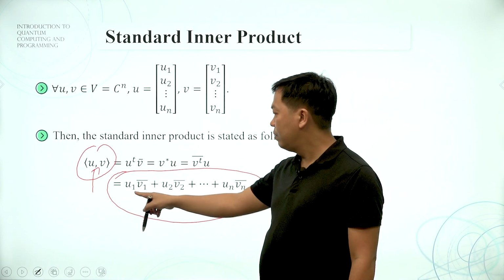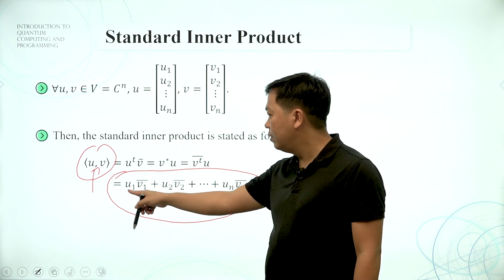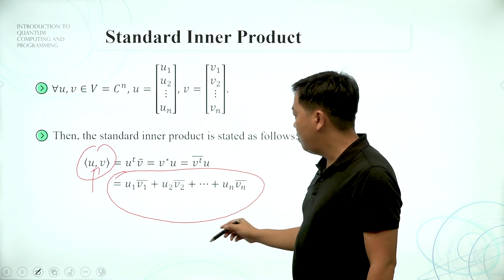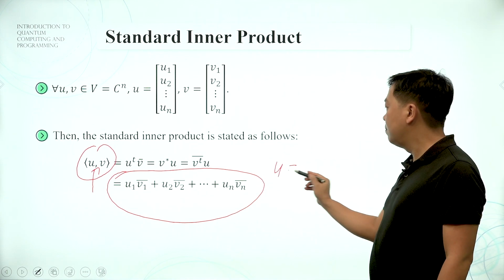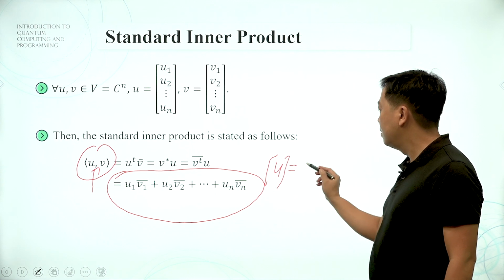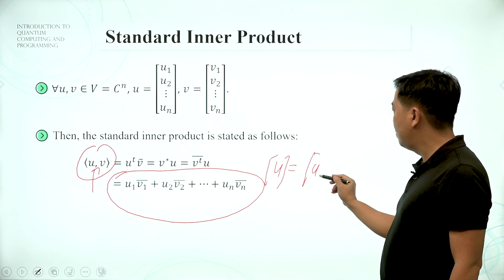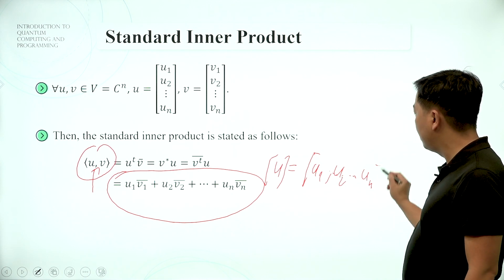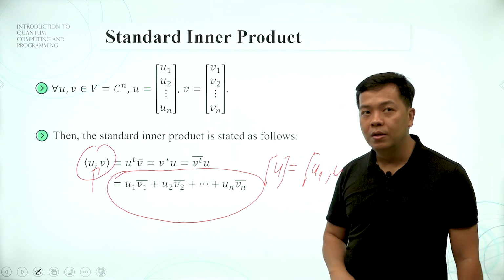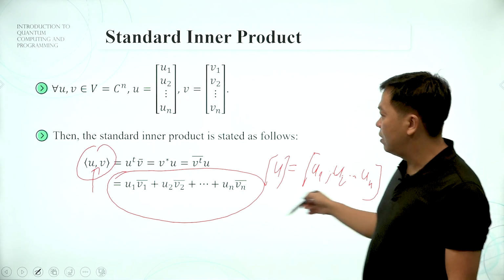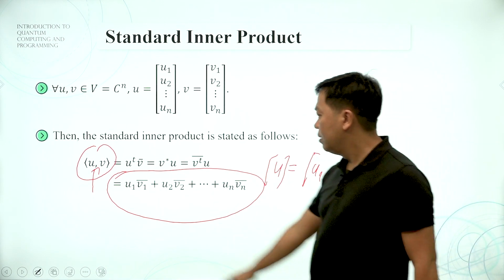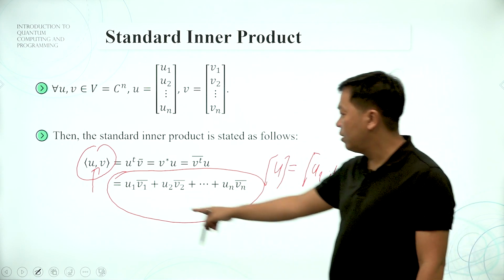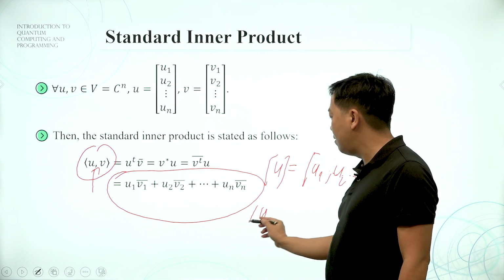We have U1, U2, up to UN, which is the original. For the standard inner product, you need to multiply by the conjugate of vector V, which is the original vector V.